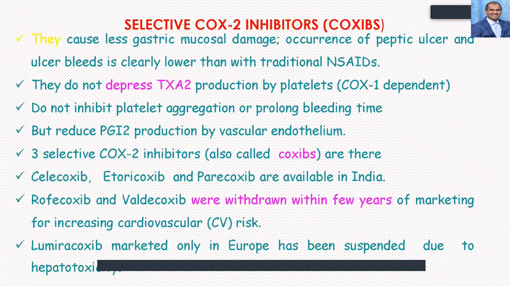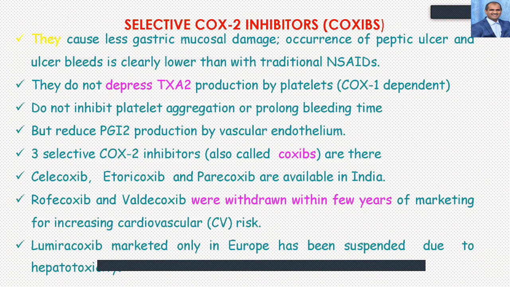Because of the rampant occurrence of peptic ulcers, scientists gave importance to the production of selective COX-2 inhibitors. And another thing is, ulcer bleeding is clearly lower when compared to the other preferential COX-2 inhibitors and older drugs.